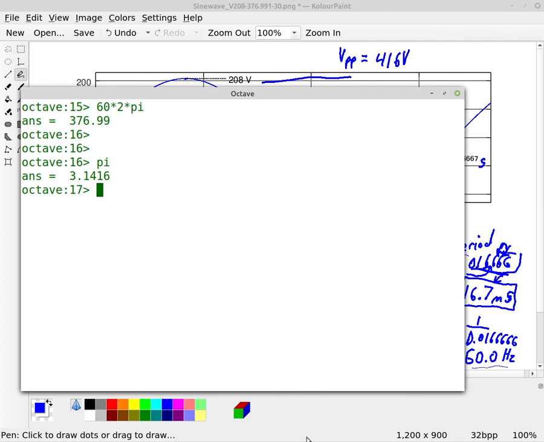It's just being rounded to 5 digits here, but inside the computer, using the Octave software, pi is actually taken out to at least 30 decimal points. So when we see this, we see 376.99. If we take that out to three digits, we would round the 6 up to a 7.